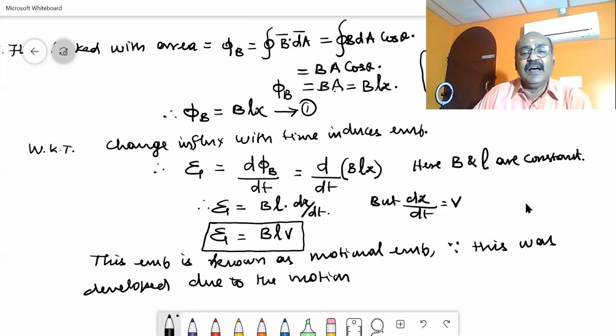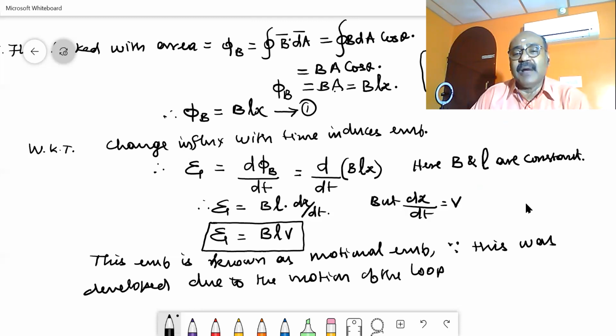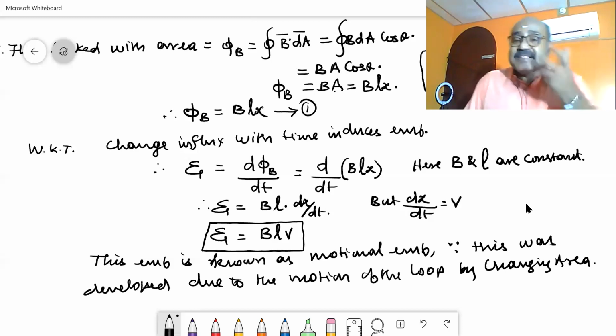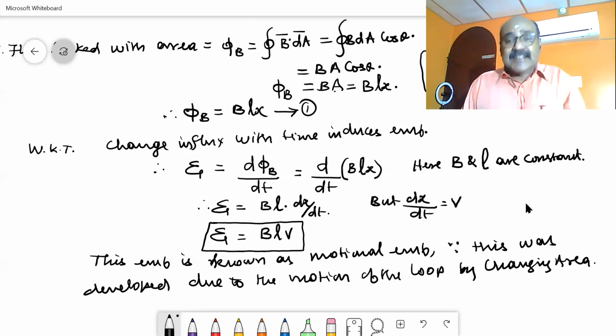Motion of the loop by changing what? By changing the area.